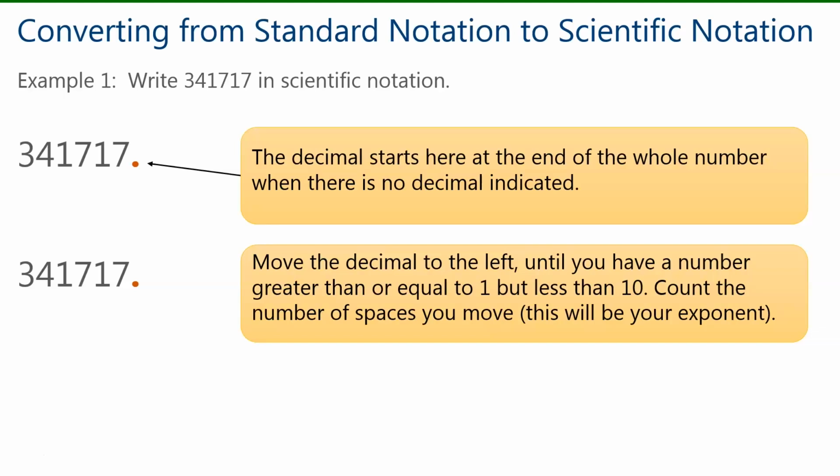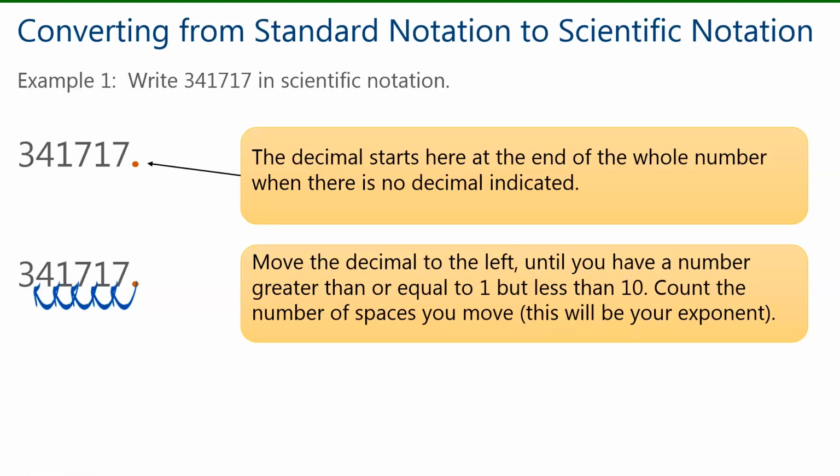Next, we're going to move the decimal to the left until we have a number that's greater or equal to 1, but less than 10. And we need to count the number of spaces that we move the decimal because this is going to be our exponent. So we're moving the decimal 1, 2, 3, 4, 5 places.